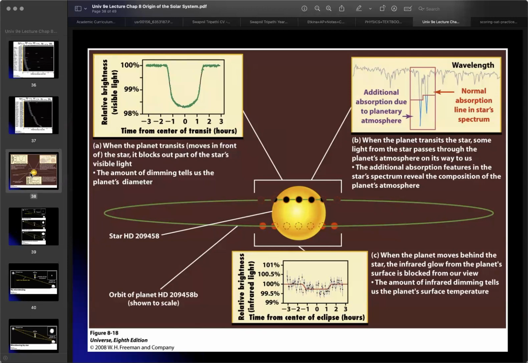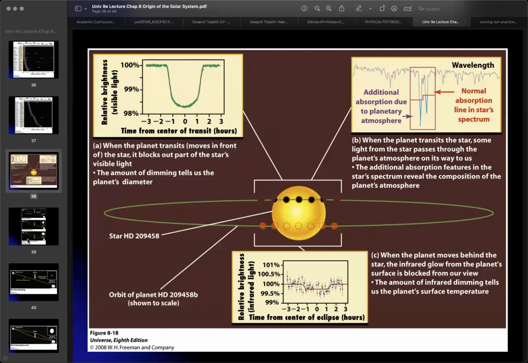On top of that, when the planet moves behind the star, the infrared glow from the planet's surface is blocked from our view. The amount of infrared dimming tells us the planet's surface temperature. So we can tell the planet's diameter, its atmosphere, its temperature, and its period around the star.